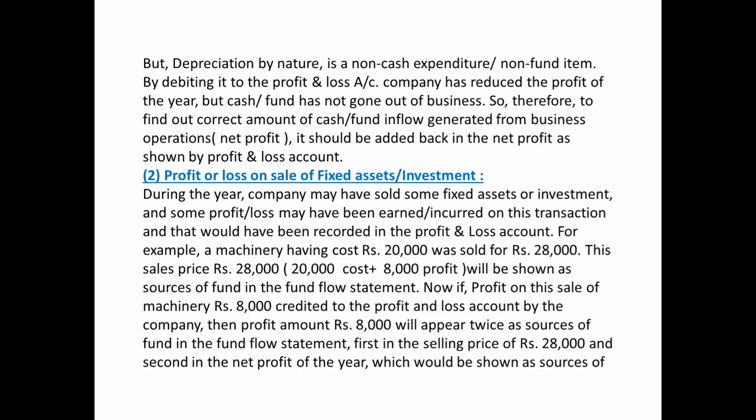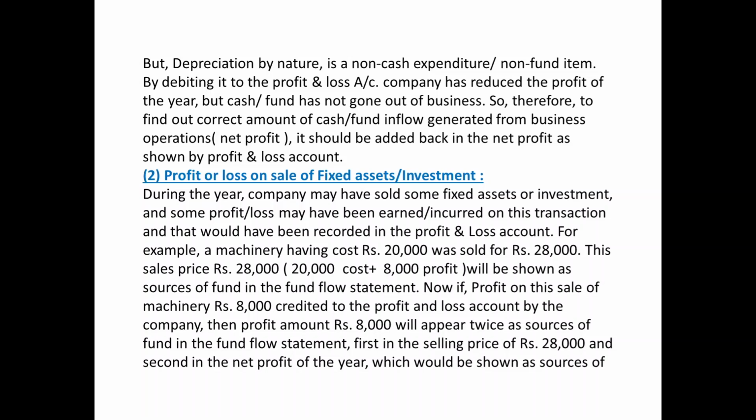Now, if the profit on this sale of machinery, rupees 8,000, is credited to the profit and loss account by the company, then the profit amount of rupees 8,000 will appear twice as a source of fund in the fund flow statement. How? First, in the selling price of rupees 28,000 it is already included, and we reported this 28,000 as a receipt of fund in the fund flow statement.